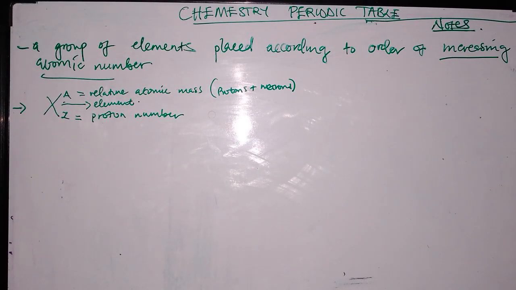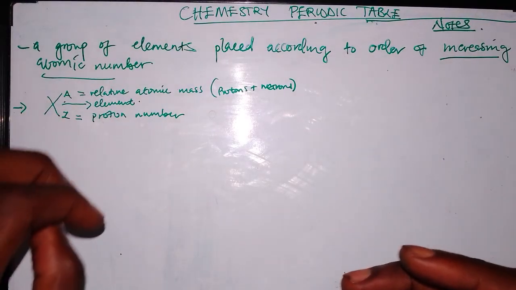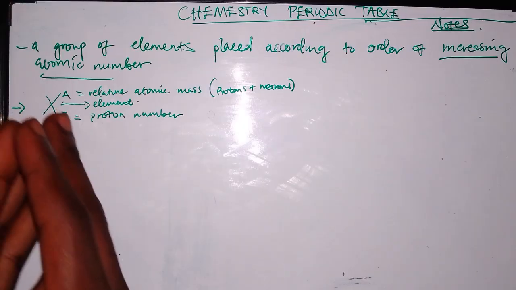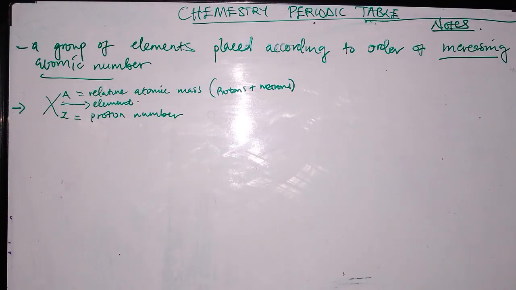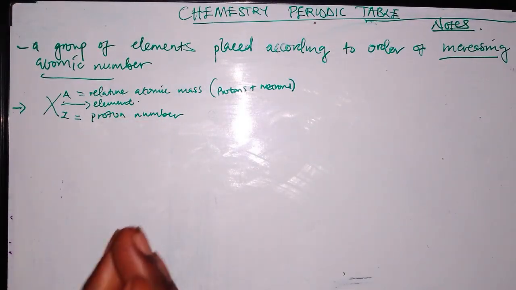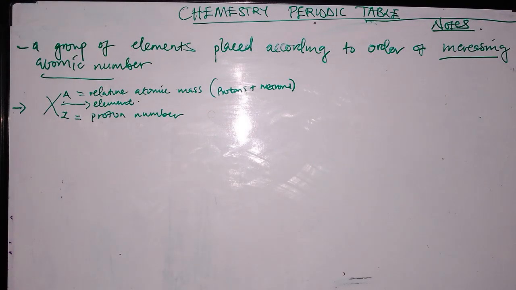So now that we have understood what a periodic table is and how you can identify elements on the periodic table, next we are going to look at what are known as periods and groups. So what are periods on the periodic table?